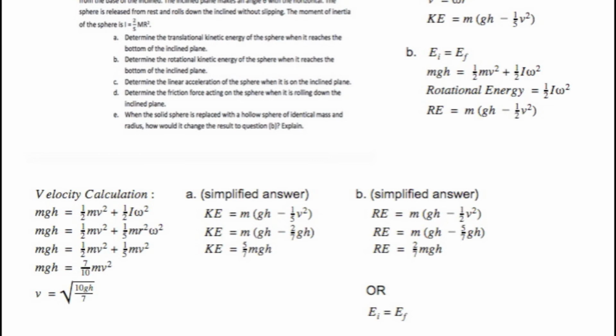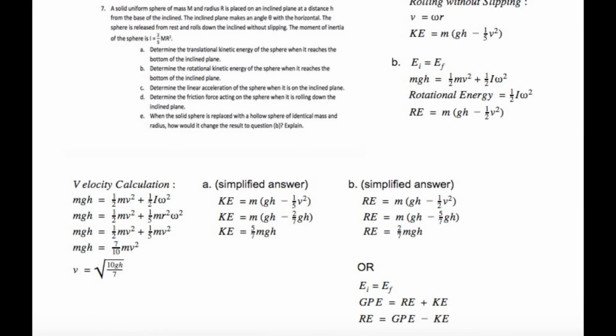It involves energy conservation. We know that E initial is equal to E final. So initially we have gravitational potential energy, and that will be equal to the rotational kinetic energy plus the linear kinetic energy, because that's what we have at the end of the incline.